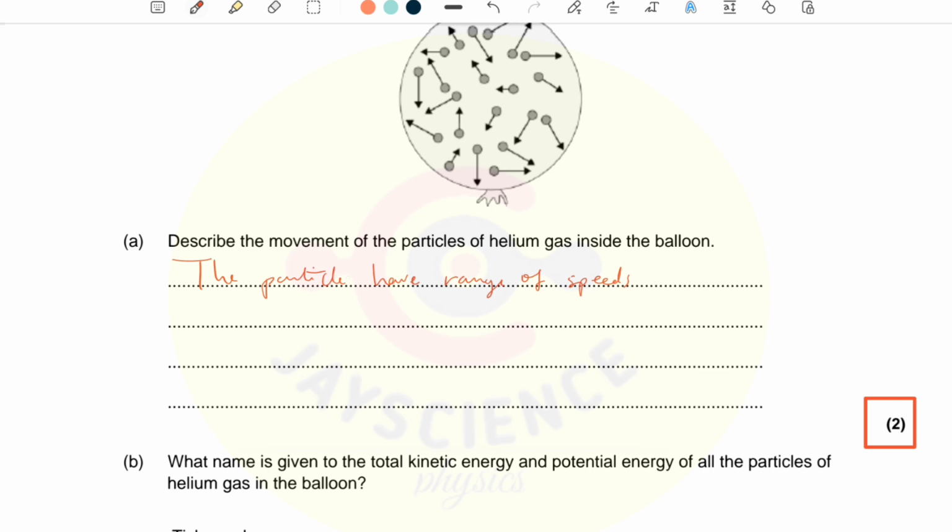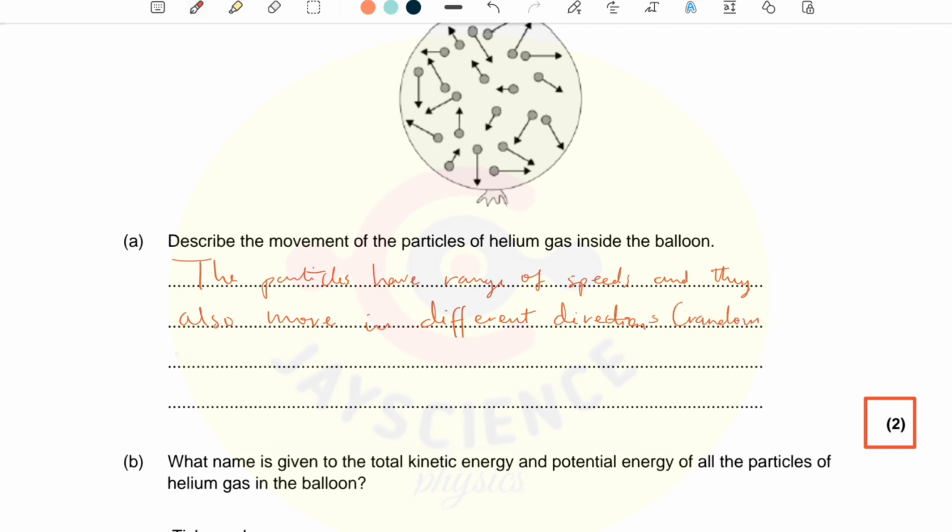The particles have a range of speeds, and they also move in different directions.